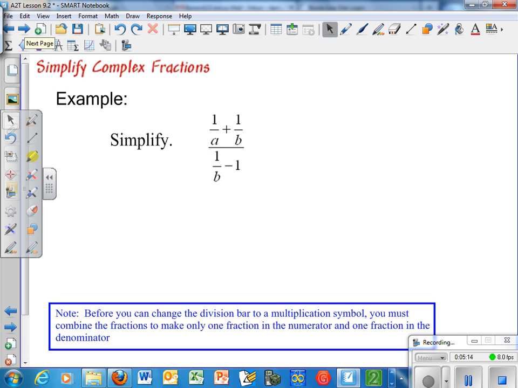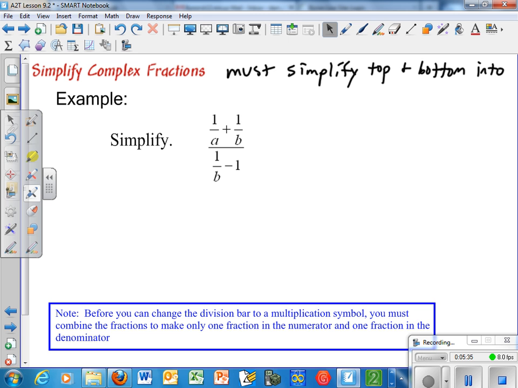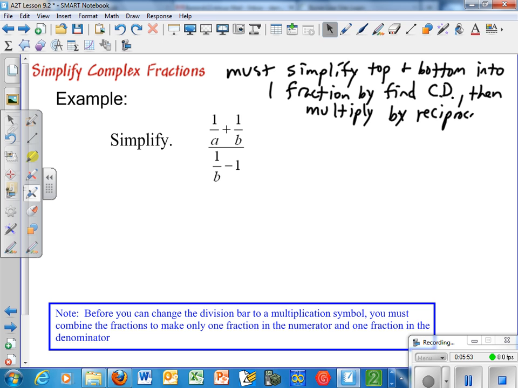Last thing, complex fractions. All right, I'm just going to write this down, so put this in your notes: must simplify top and bottom into one fraction by finding common denominators, then multiply by the reciprocal of the bottom fraction.